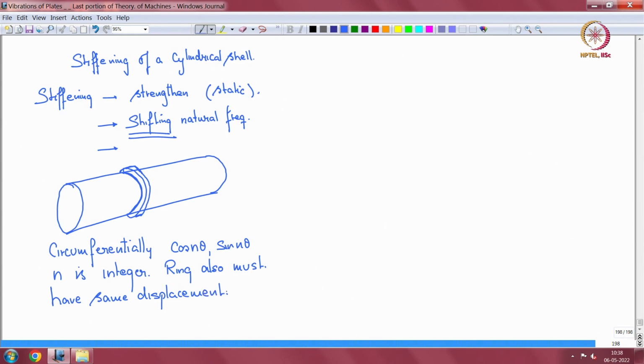So, the alpha 11 for the cylinder and beta 11 for the ring we will calculate for any one particular type of displacement, that is either cosine n theta or sine n theta, it does not matter.